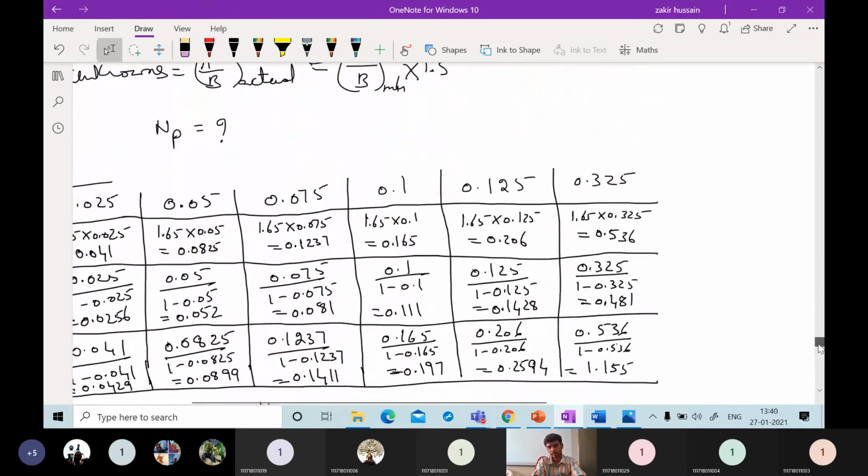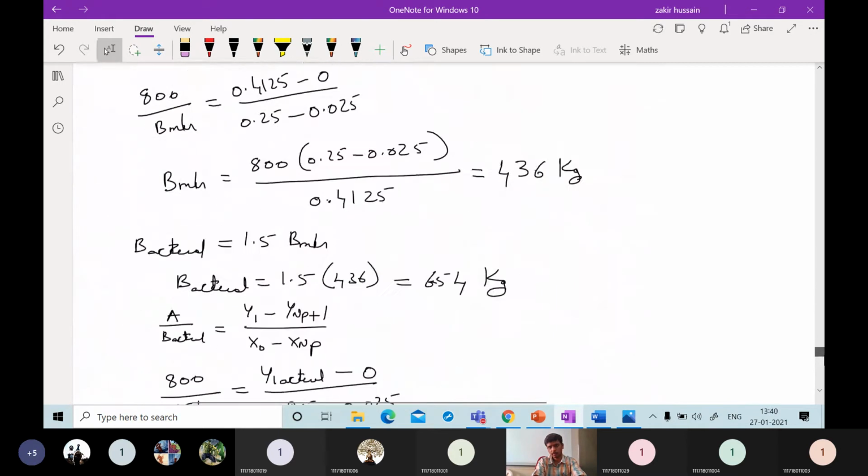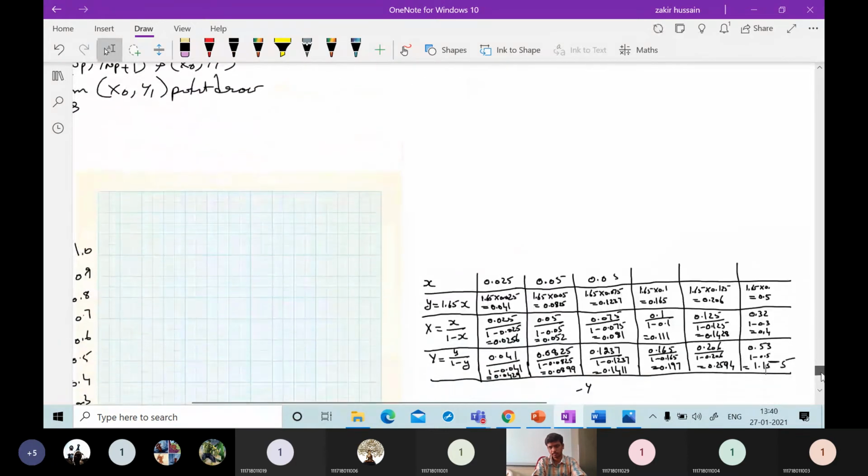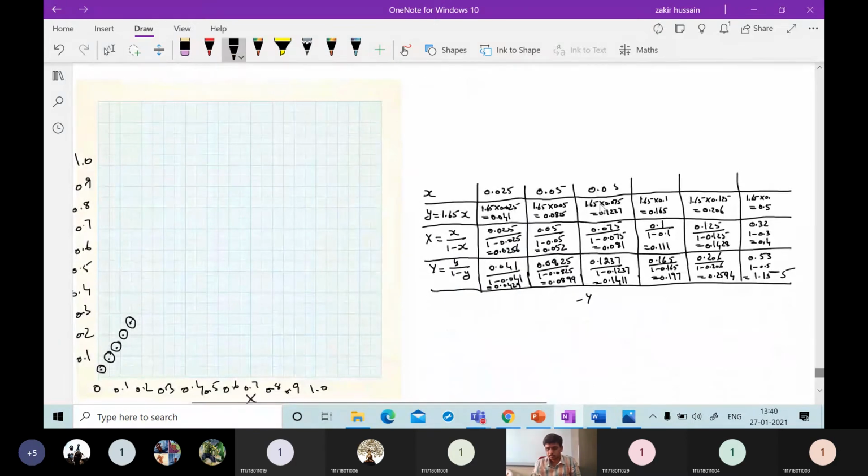Okay, 0.481, 1.155. So 0.48 means almost 0.5, it will come at 0.155.